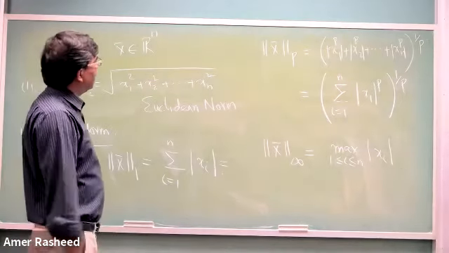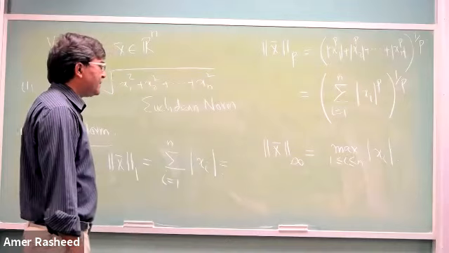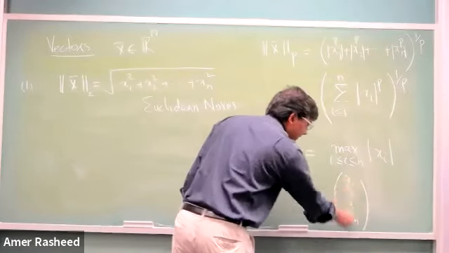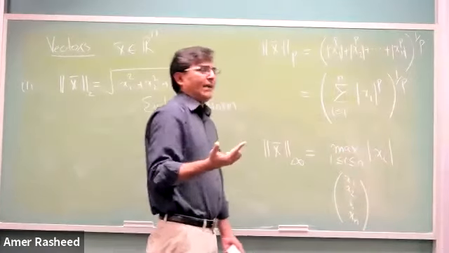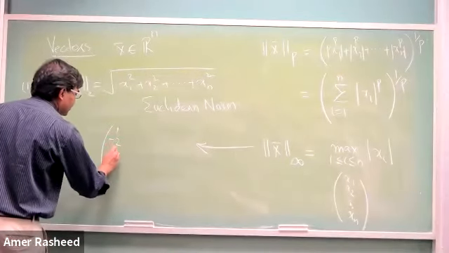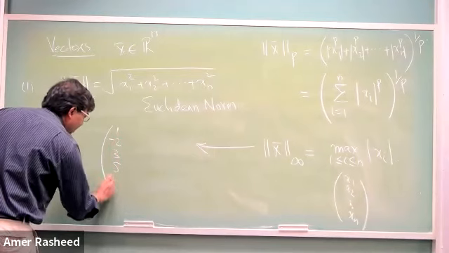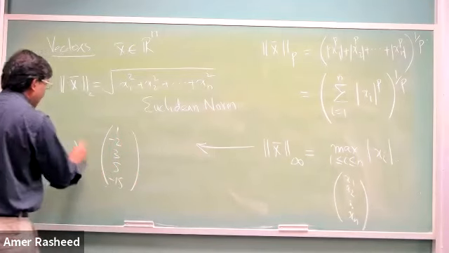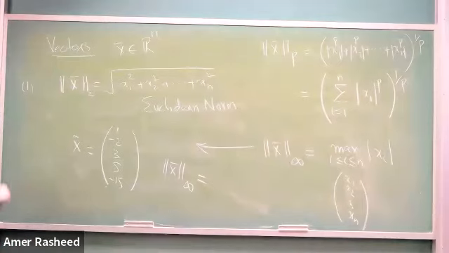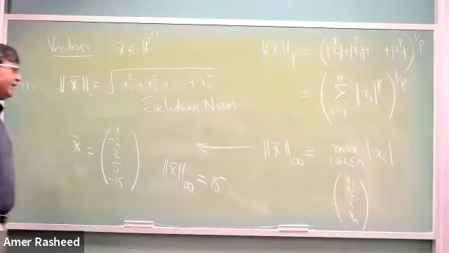Now, what kind of norms are these geometrically? Sir, I didn't understand the notation, i between 1 and n, maximum. What does it mean? It means that if you have x1, x2, and so on up to xn, you take the maximum among all of them and take its absolute value. For example, if you have the vector 1, -2, 3, 5 and maybe -15, what will the infinity norm of x be? 15? Yes, its maximum or infinity norm is 15.